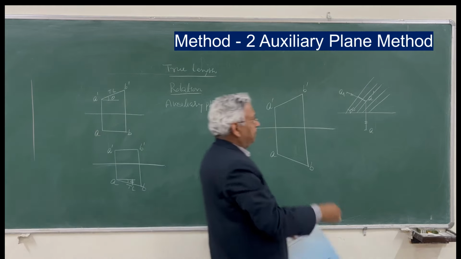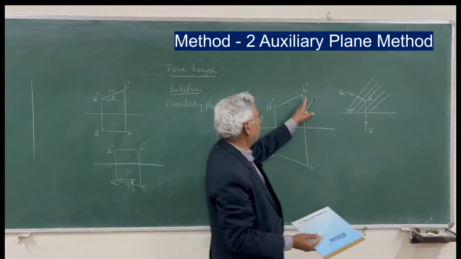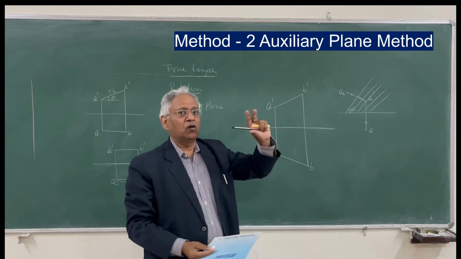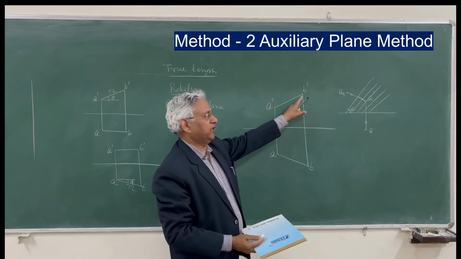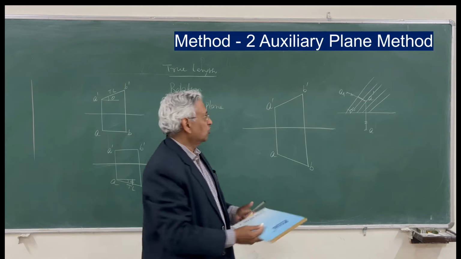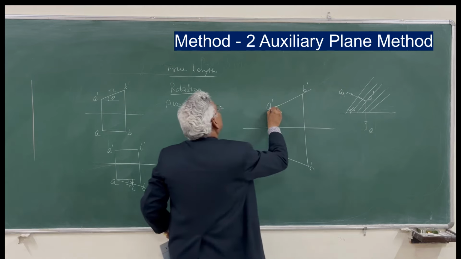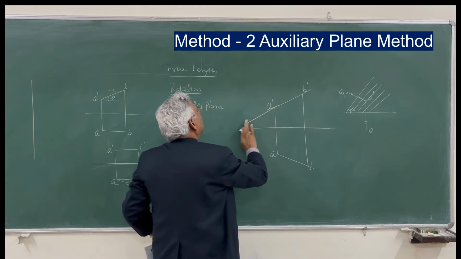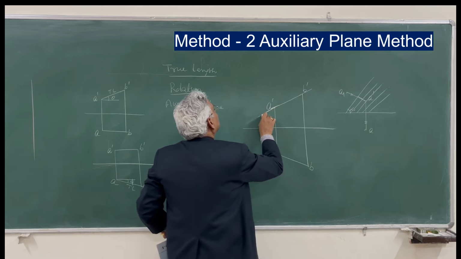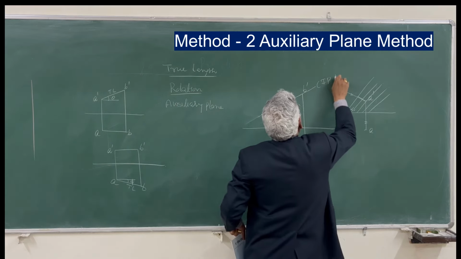So there will be a plane which is passing through this point. And if you have 2 points, you can draw a plane which will pass through both the points, so that will contain the line. If you draw this line joining A dash and B dash, that represents an inclined plane passing through the line.